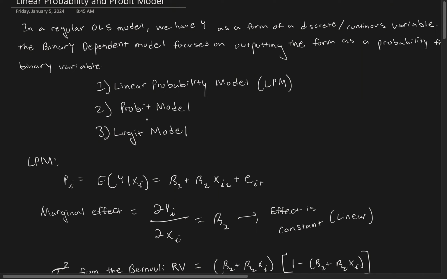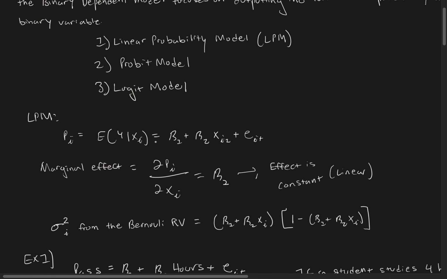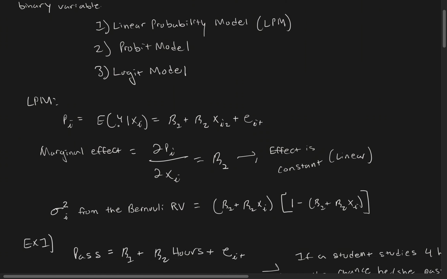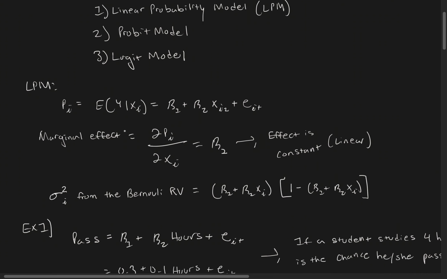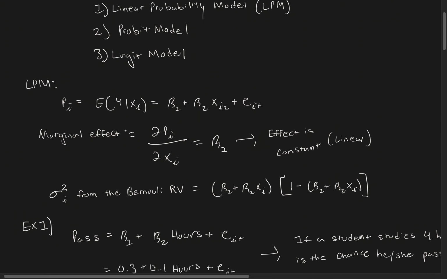Right here we have three models that are the most common for the binary dependent variable: the linear probability model, LPM for short, the Probit model, and then the Logit model. So in a linear probability model, we have a similar regression function, but the output is in the form of a probability.